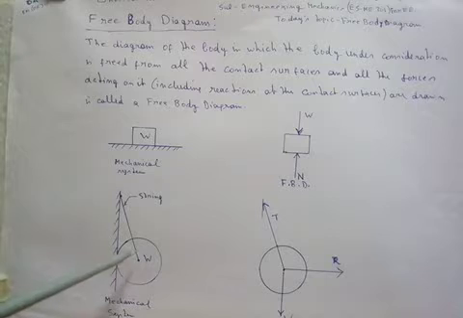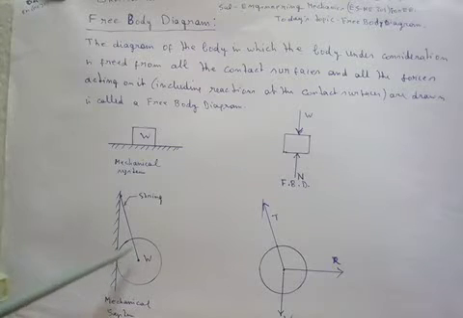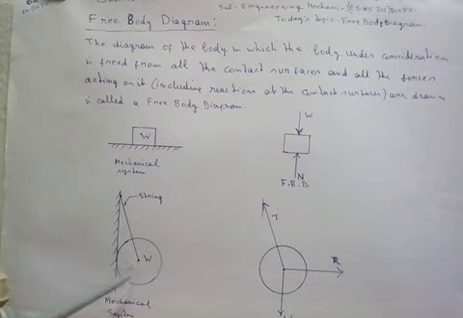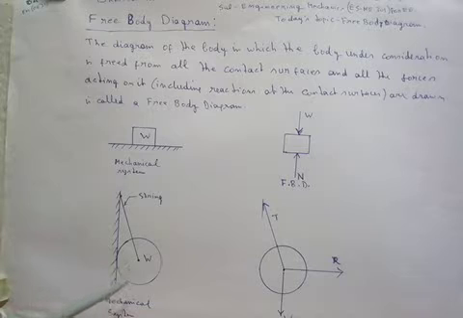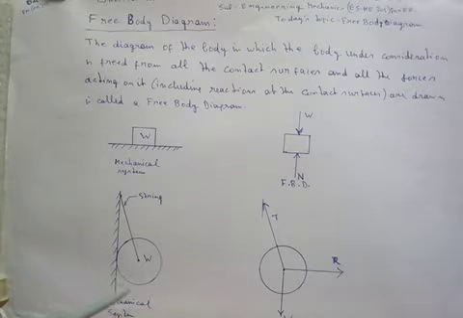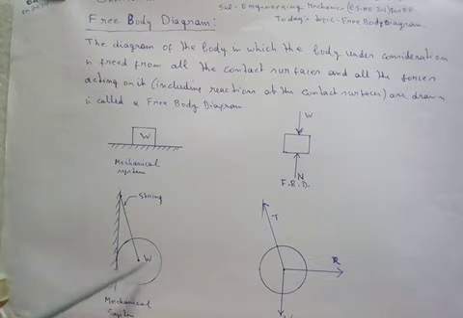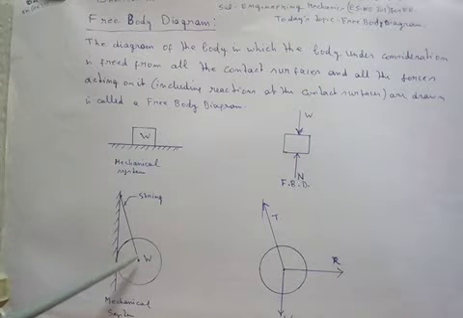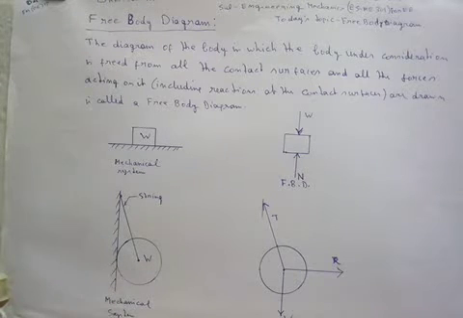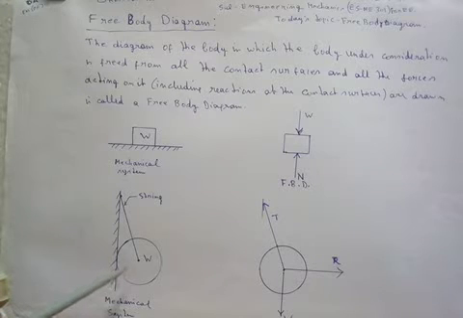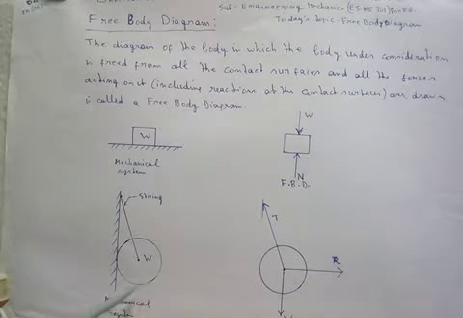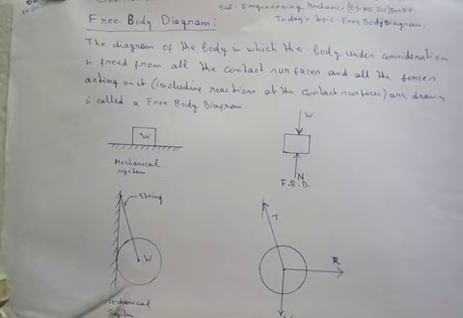Now this ball has a tendency to move in the direction of the gravitational force, so its weight W will act vertically downward. And since there is no horizontal contact surface here, normal reaction at this end will not be there.